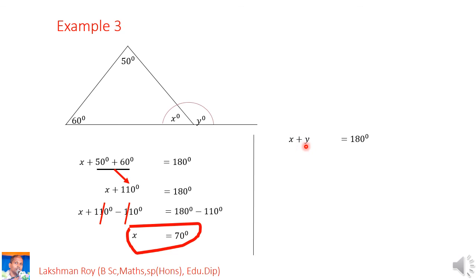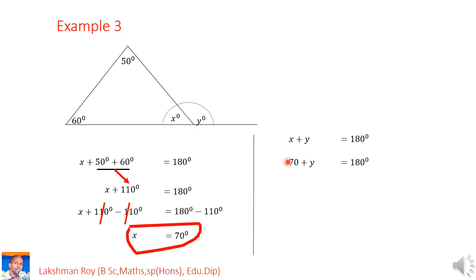Now we can find y. Earlier we found x, now x is 70. Now here you can put x as 70, right? x is 70 degrees, then 70 plus y is equal to 180. With y another number is there, this is positive 70. How to remove 70?